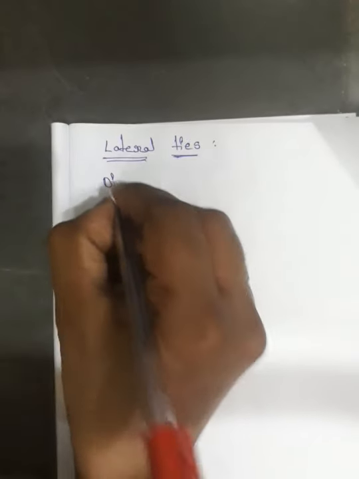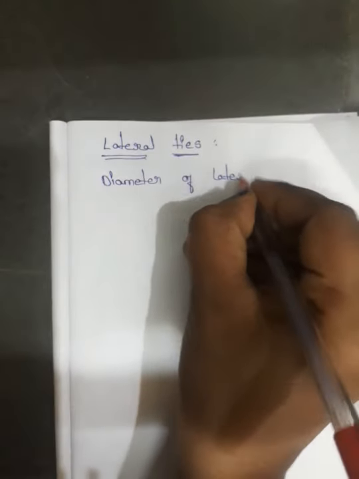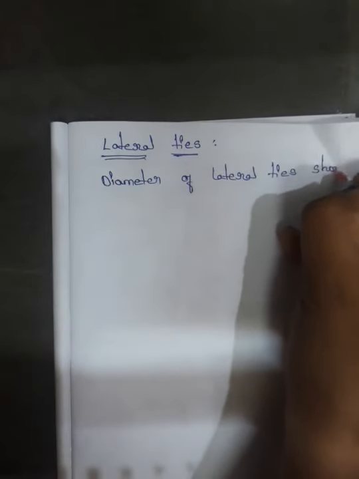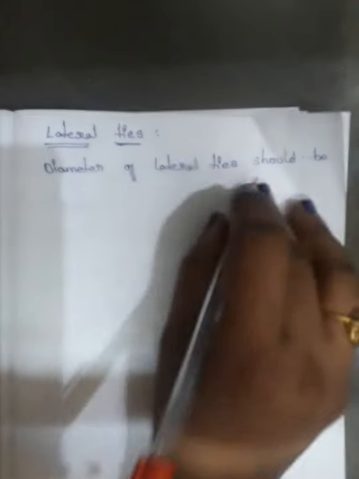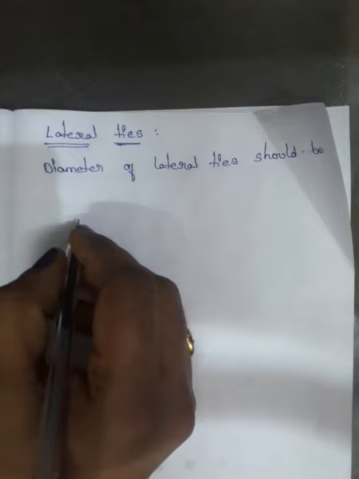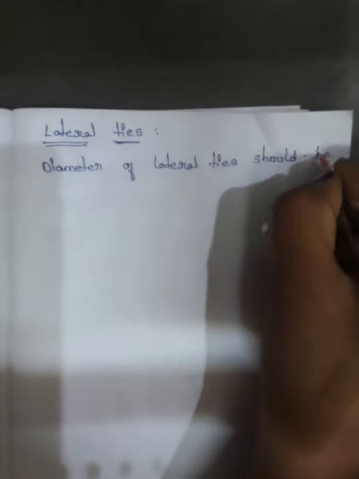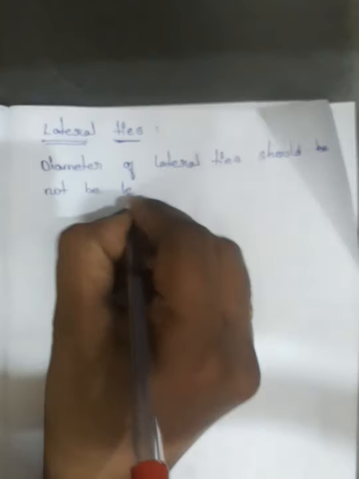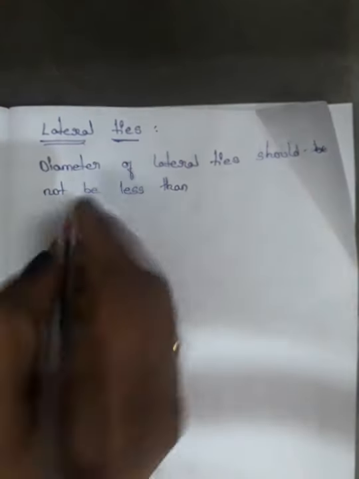To find these lateral ties, as per our codal provisions, the diameter of lateral ties should not be less than the considerations we are writing now.